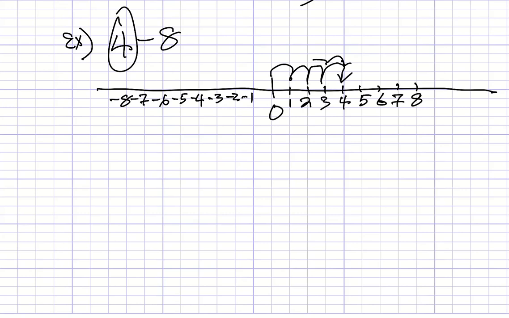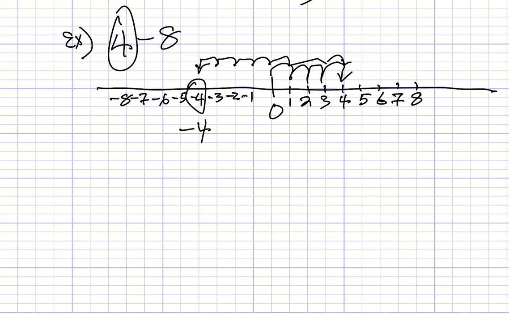So we have 1, 2, 3, 4, 5, 6, 7, 8. You see where we landed? We landed on -4. So that means that 4 minus 8 is equal to -4.